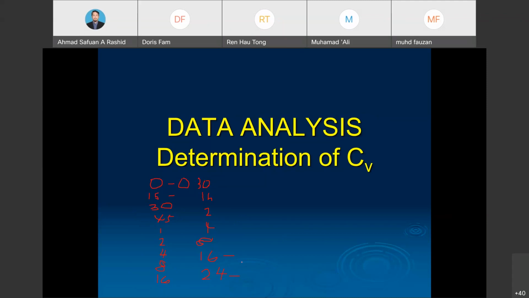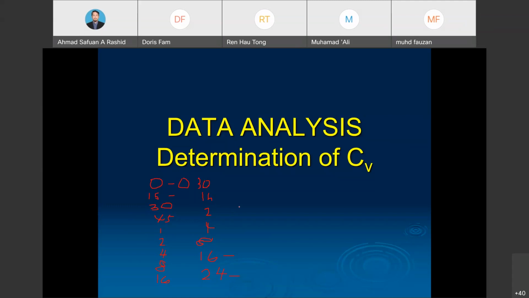But for your case, for the undergraduate lab, normally you need to record up to 100 minutes only. 100 minutes is how many hours? Almost 1.5 hours only. So the rest will be provided as secondary data.